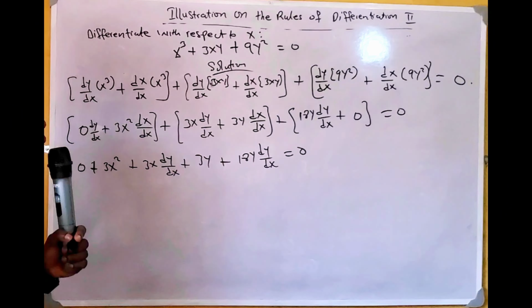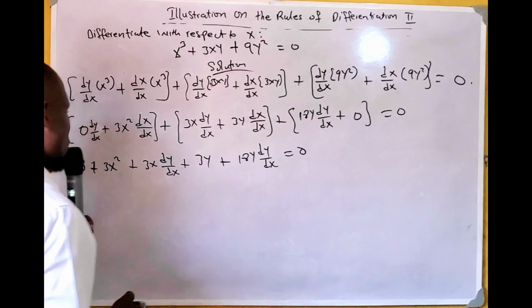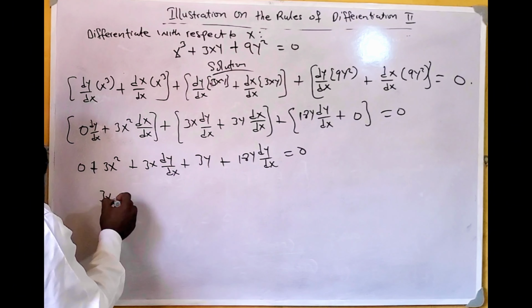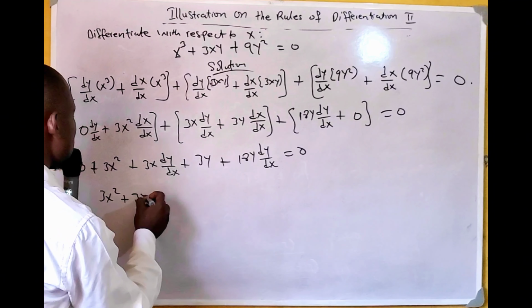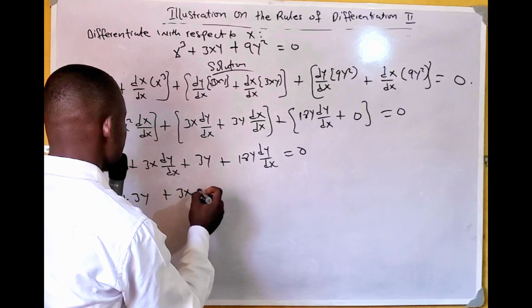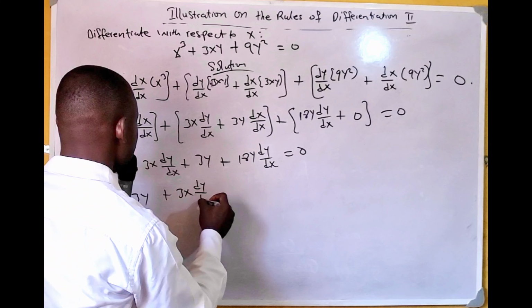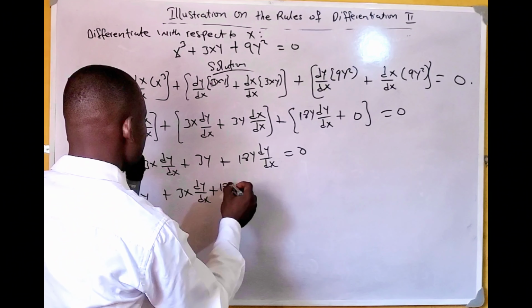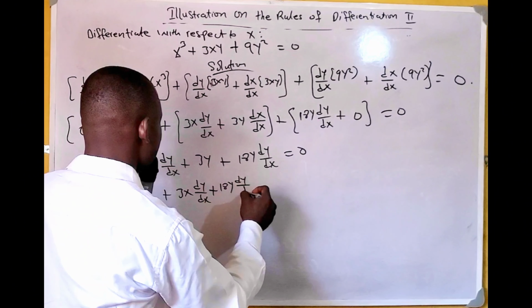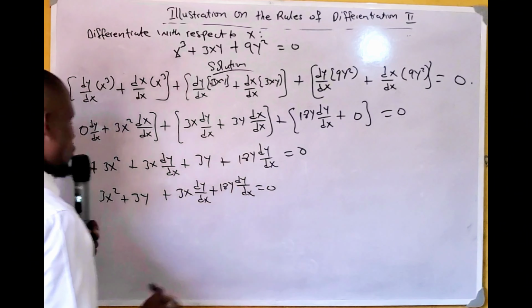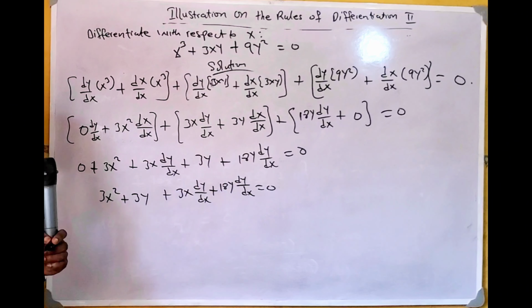So from here we collect the like terms. We have 3s square plus 3y plus 3x dy/dx plus 18y dy/dx equals to 0. So from here we solve with respect to dy/dx.